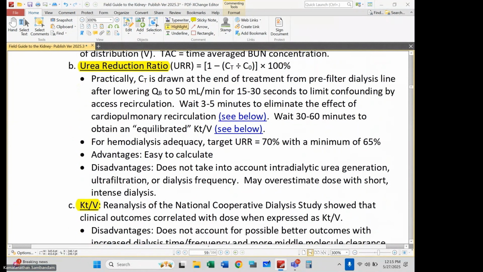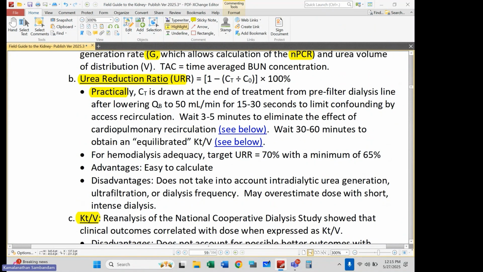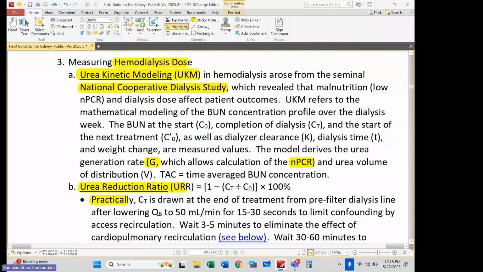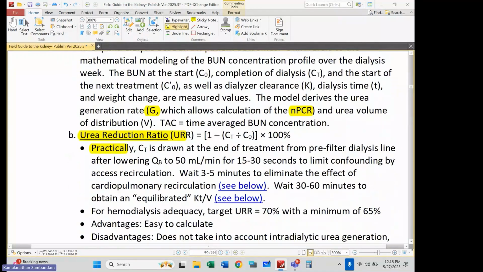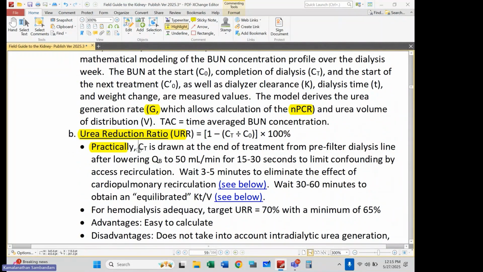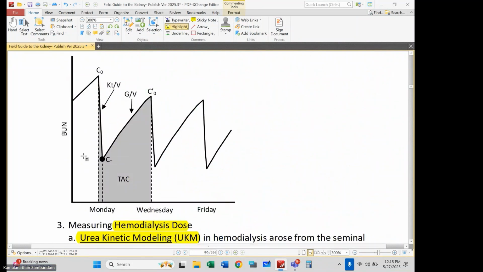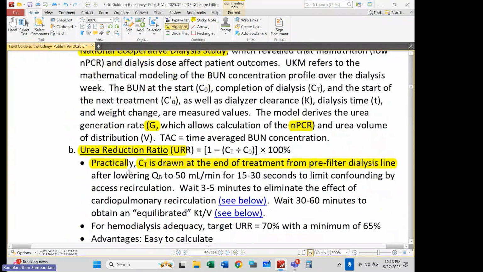Okay. Now, we also can use urea reduction ratio as a way to calculate the dialysis dose, all right? And the way in which you do this pre and post BUN, okay, is described here, right? We can measure this post-dialysis urea concentration at the end of the treatment.